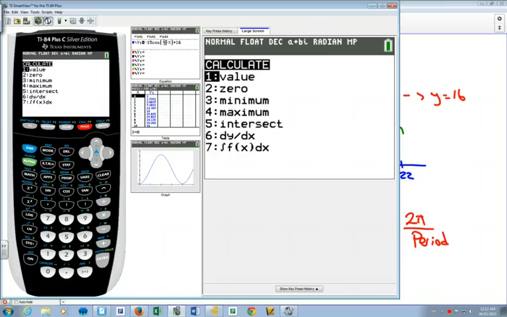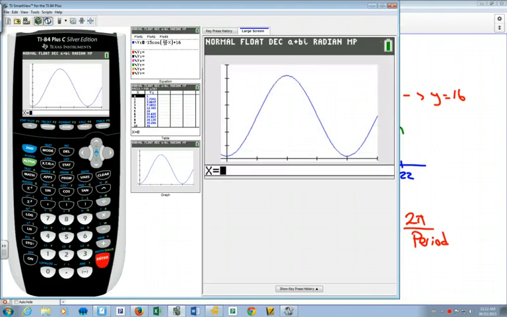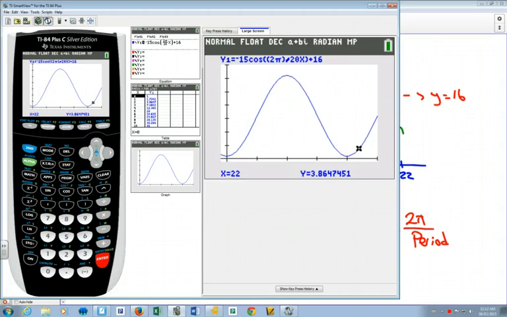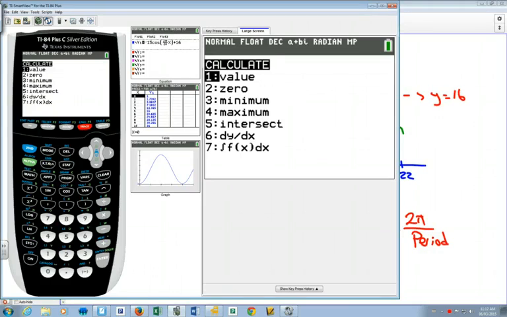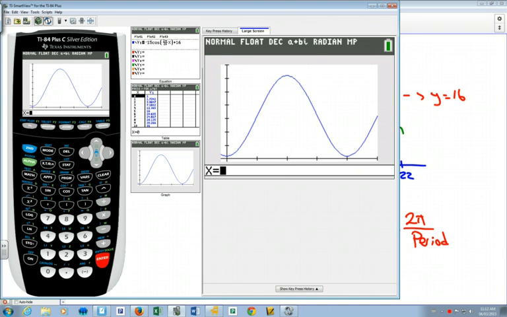Second, calculate value on the first one, and then you can type in any number you wanted. And we wanted to estimate at 22 seconds, right above the trace. So you go second, and then hit the trace button, which gets to the calculate menu. And then 22 to find it.